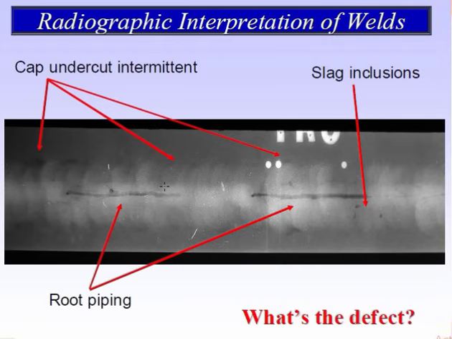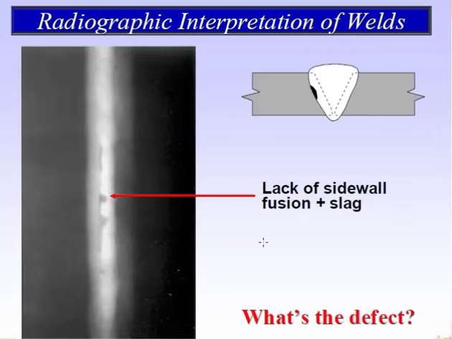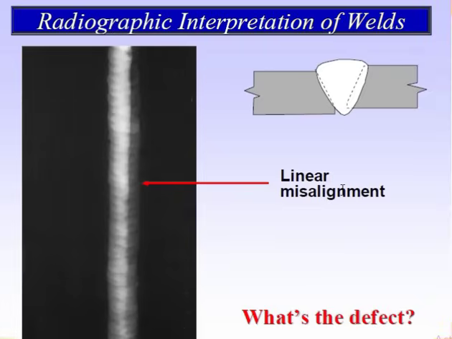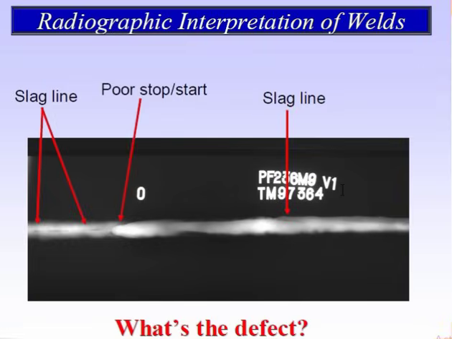So this is the defect you have to understand from the image. This is how it looks like. Lack of sidewall fusion plus slag. Lack of sidewall fusion is there. I already told you about this image. Where is that image?